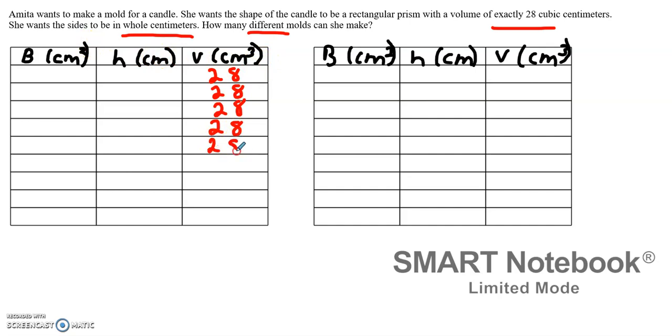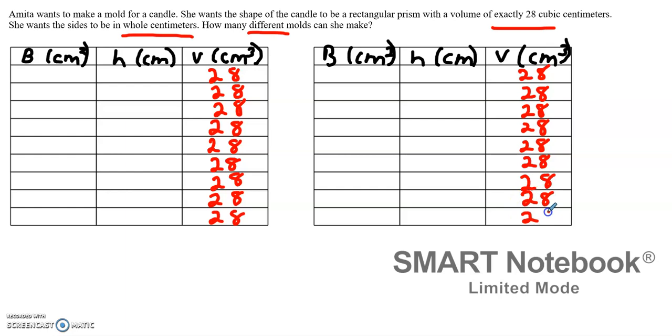By putting that in my heading, I was able to avoid writing my unit down for every single line, so that I can save space. I don't know if I need all these lines, but I just made them. If I need to extend out, I will. And I always want to make sure that it equals 28. If it doesn't equal 28 when I multiply these two, then I can't use it, because it says here exactly 28.